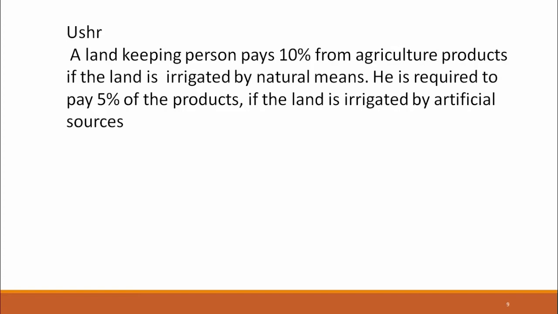The person will pay 10% from the agricultural products if the land is irrigated by natural sources, and the person will pay 5% of the product if the land is irrigated by artificial sources. If there are no natural sources and the person irrigated the land by artificial sources, then the person should pay 5% of the products of the land.